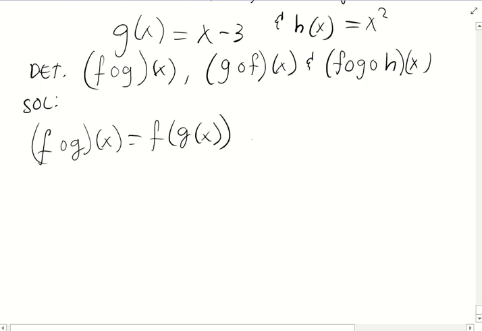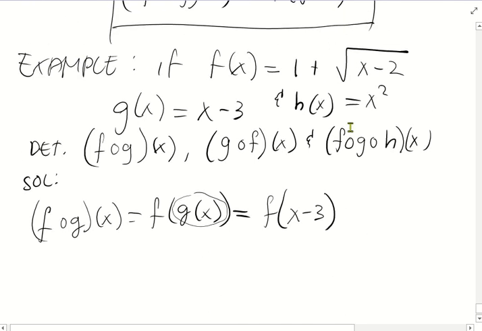And to do this one, the technique is you start with the one that is inside. So you change that one first. So f of g of x. I know g of x is x minus 3. So this will be f of x minus 3. Then we can already solve for f of x minus 3.